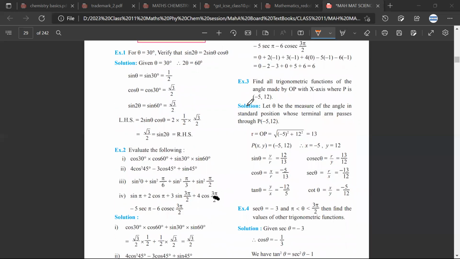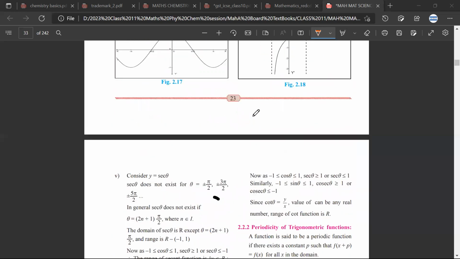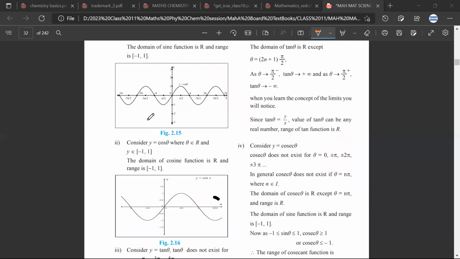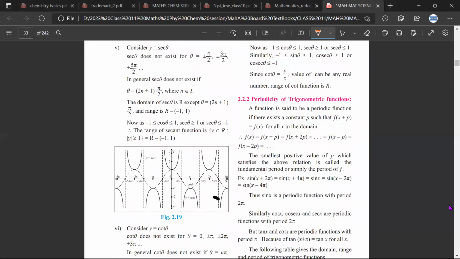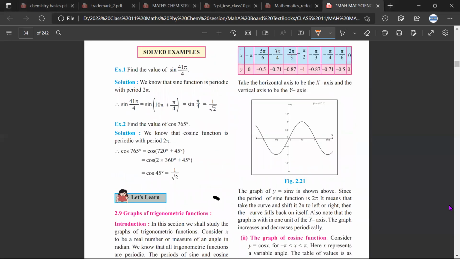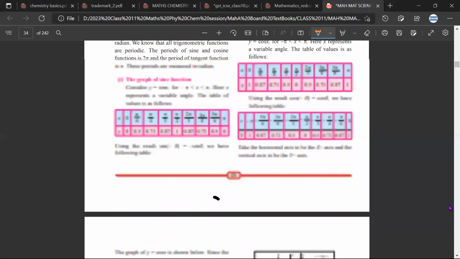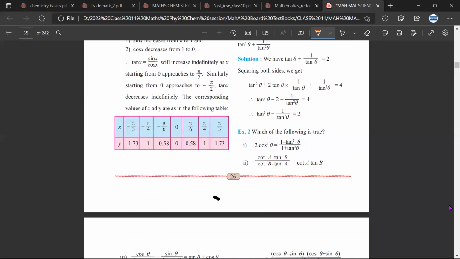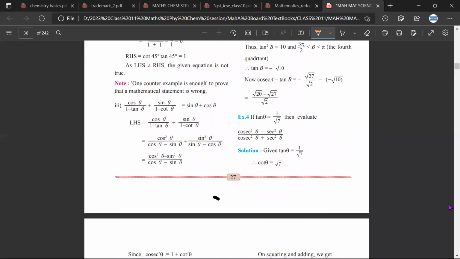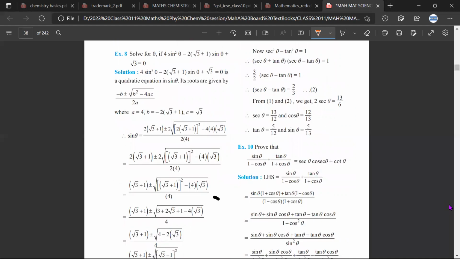This is the first broad thing. The second thing is understanding how to plot the graphs of sine, cos, tan. This is one of the important chunks, because we'll be using these in physics.